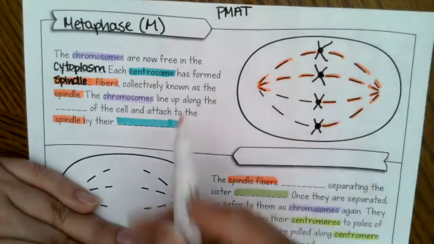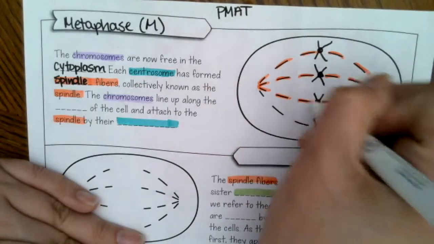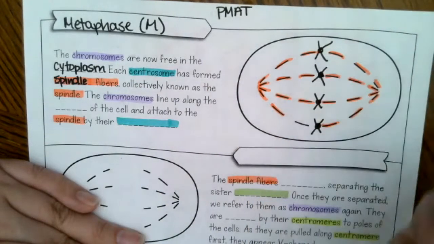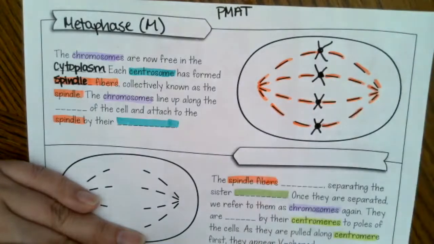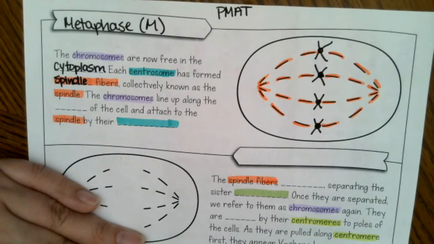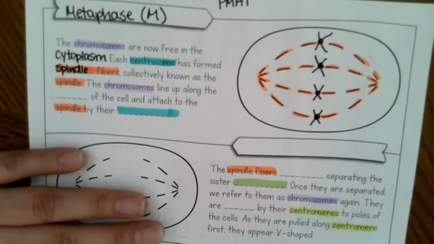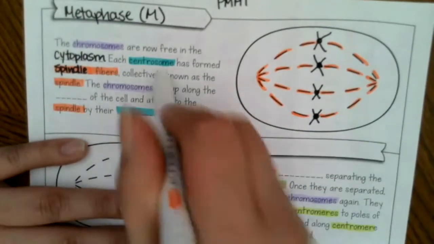And don't forget that these spindle fibers are coming from our centrioles, or wait, centrosomes, my bad. Whoops, see, Miss Reyes is a little rusty on this. Okay, so these are gonna be coming from our centrosomes.